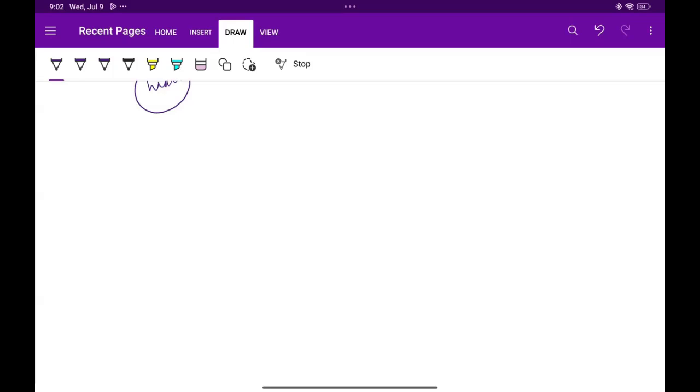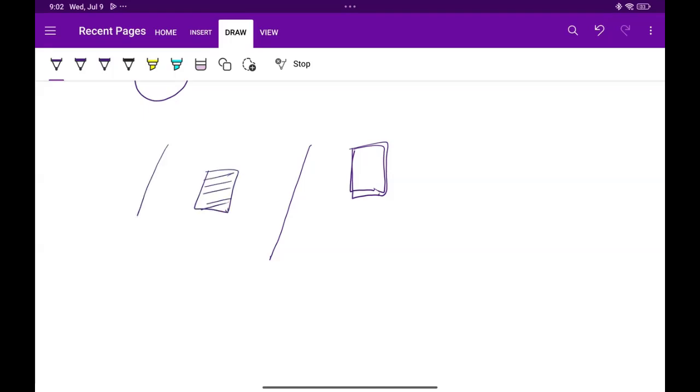Okay, let us take this file. This is my RAM. In that RAM we have the buffer pool. In that buffer pool we have a log area and a data area.